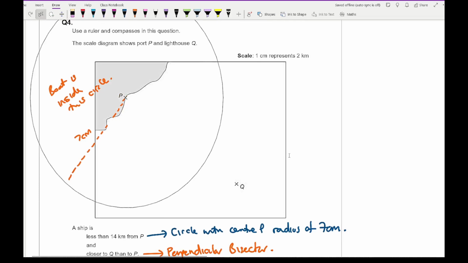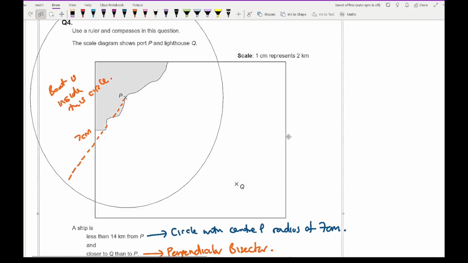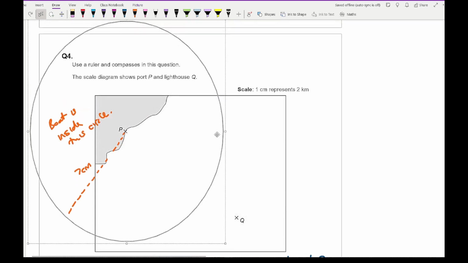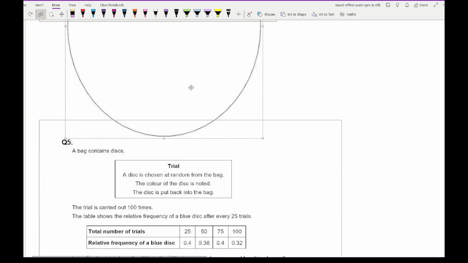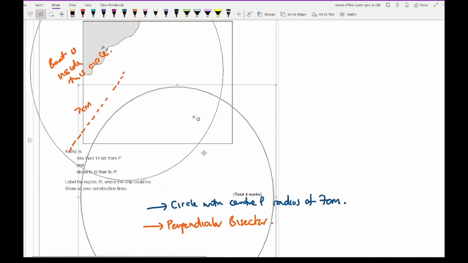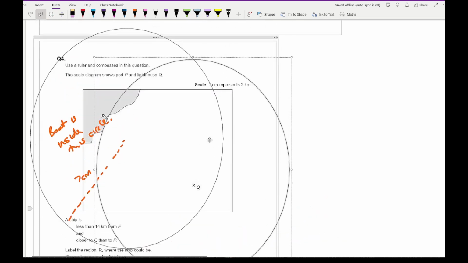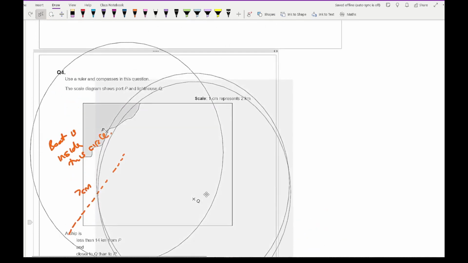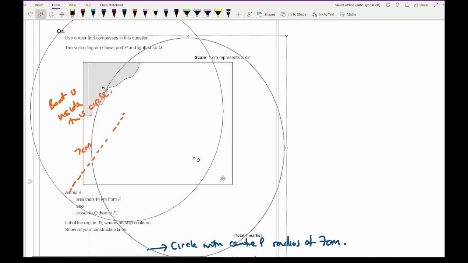So then if I draw another arc, this gives me another circle, and I want to put the center of that circle where Q is, which comes out roughly at a guess there.